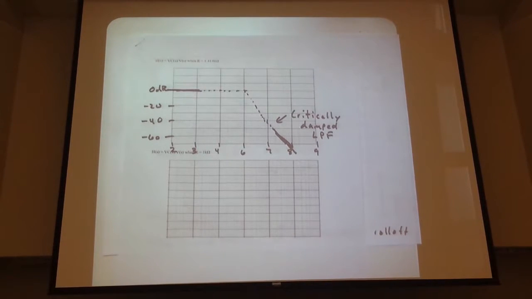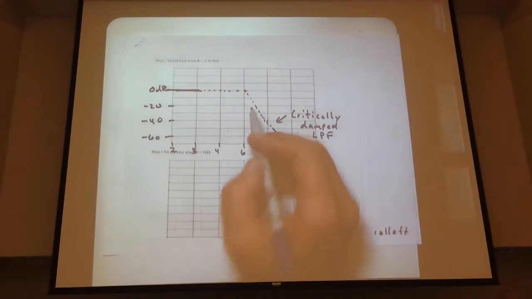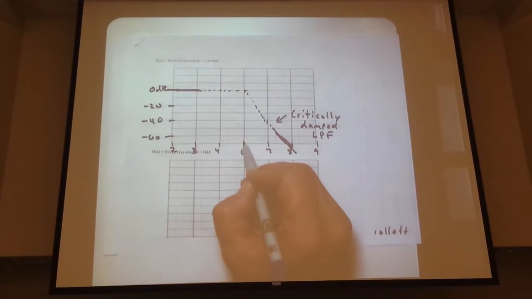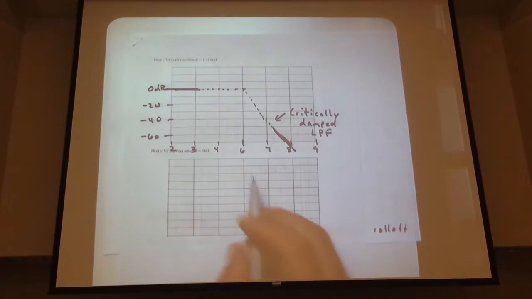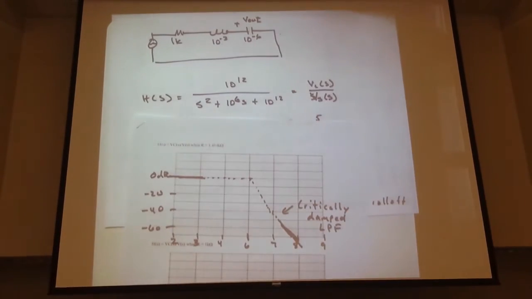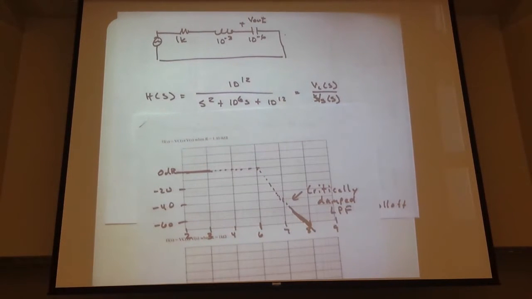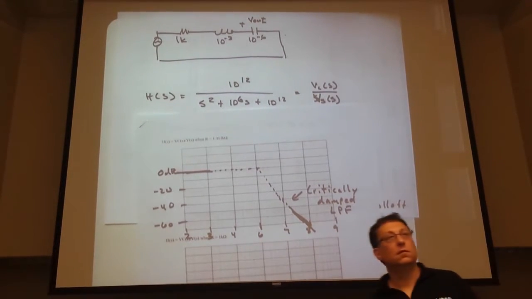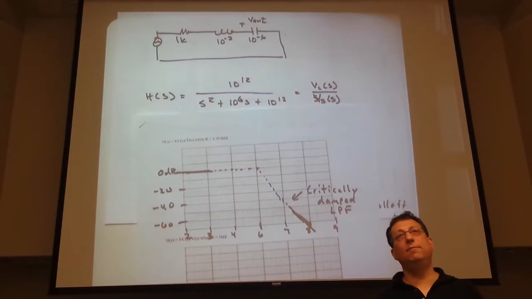Now, one thing I've done here is here's my critically damped case. The critically damped cutoff frequency was 10 to the 6, but for this circuit, there is no real pole, but 10 to the 6 is what? What is 10 to the 6? It still has meaning for us.